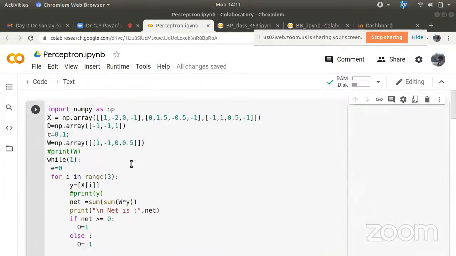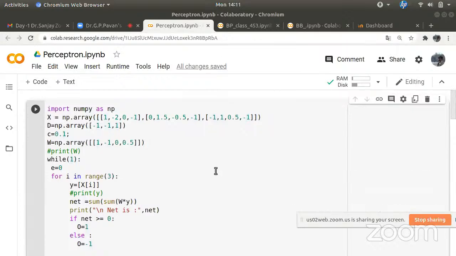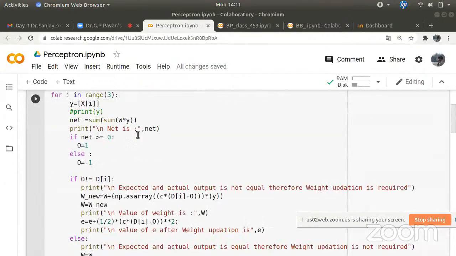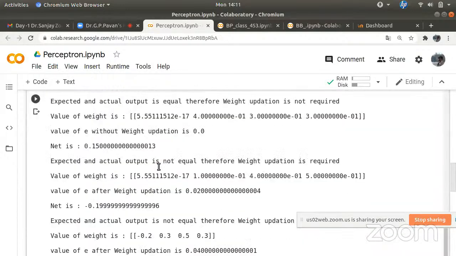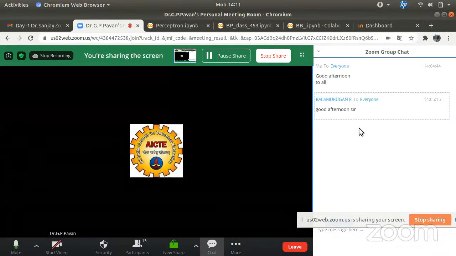You can use Octave, MATLAB, or C, C++, Java, whatever it may be, and develop such code very easily. Once again, very quickly I will run it for you. You have implemented the single neuron model, and this is the result you got at the output. So we have discussed this.